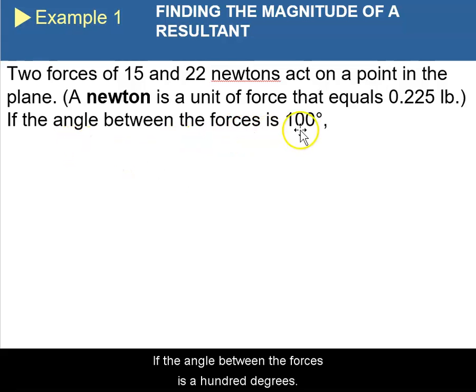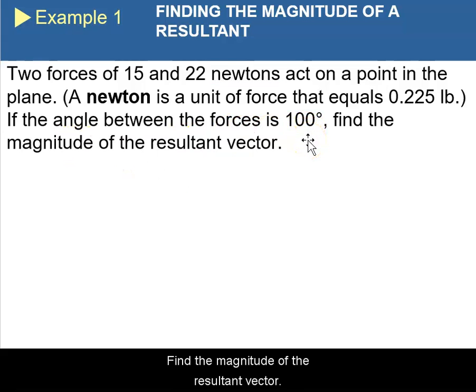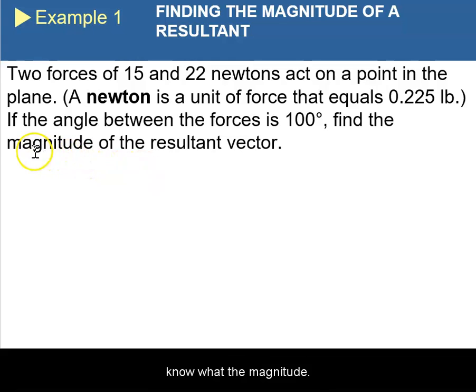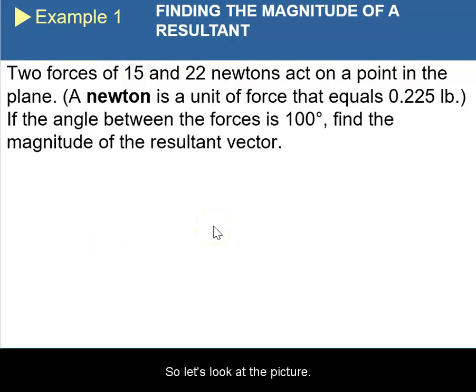If the angle between the forces is 100 degrees, find the magnitude of the resultant vector. So these two vectors have an angle of 100 degrees between them, and I want to add these two vectors together, and I want to know what the magnitude of the vector that we get when we add these two together is. So let's look at the picture.